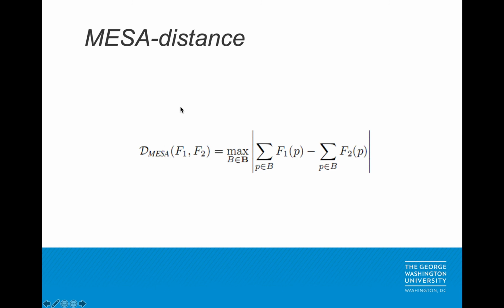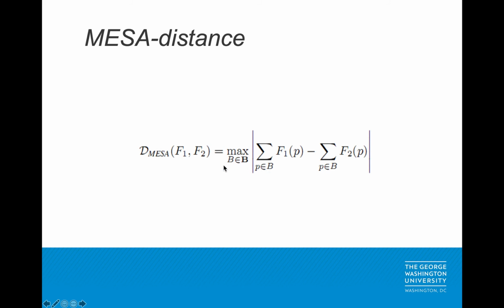Okay, next, I use the MESA distance in the counting task. This is the function of the MESA distance that I use in my task.